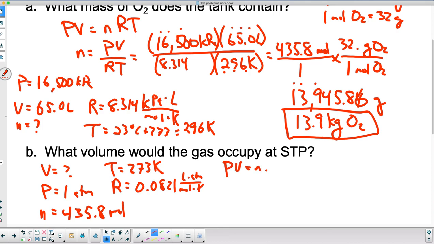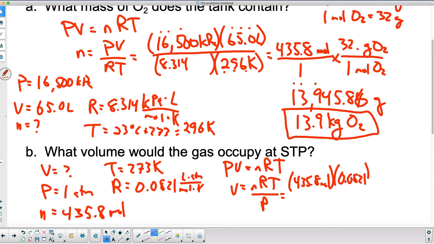So PV equals nRT, and V equals nRT over P. And I just simply plug in 435.8 moles times 0.0821 times 273 Kelvin, and then all of that is divided by 1 atmosphere, and that will be our V. I get 9,768 liters.